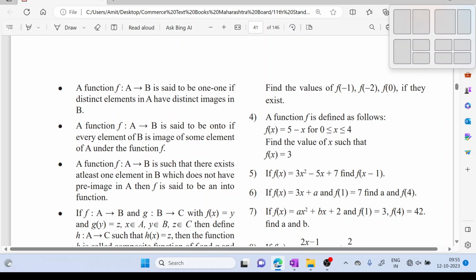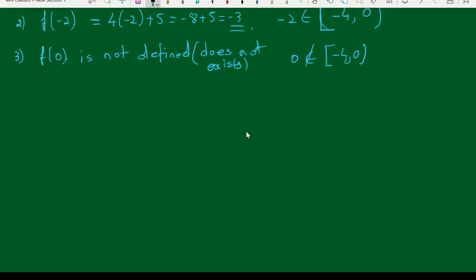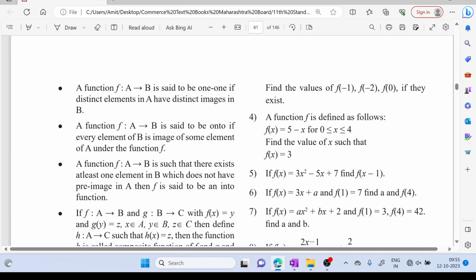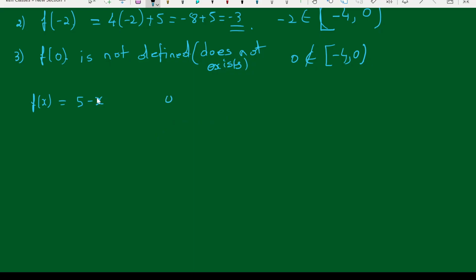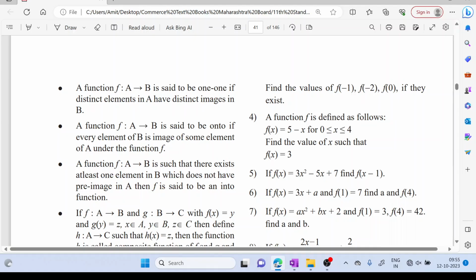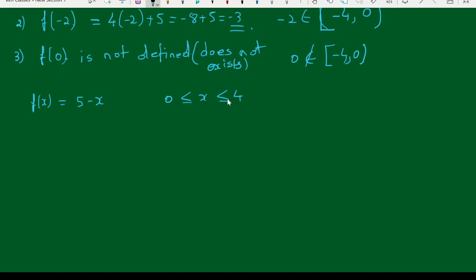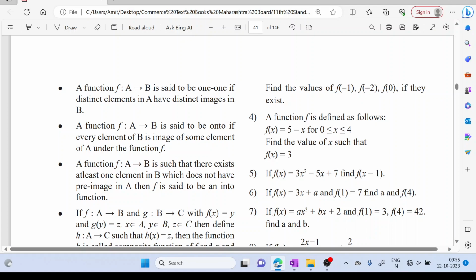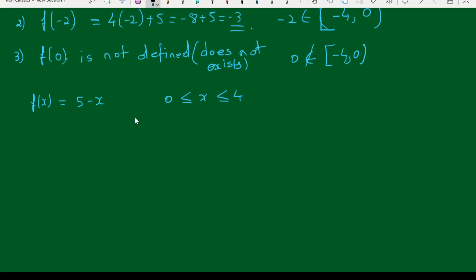So the fourth problem. F of x is equal to 5 minus x, under the condition 0 is less than or equal to x is less than or equal to 4. You have to find the value of x such that f of x is equal to 3.